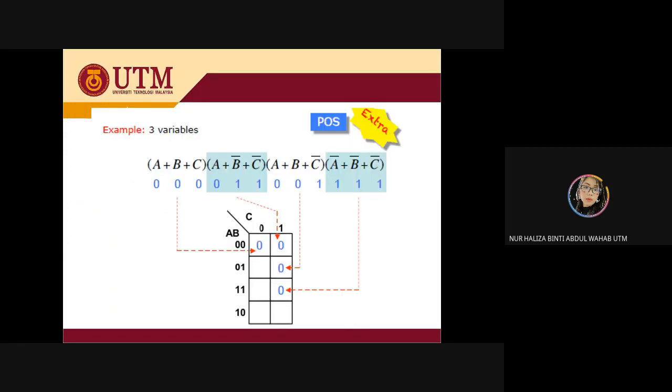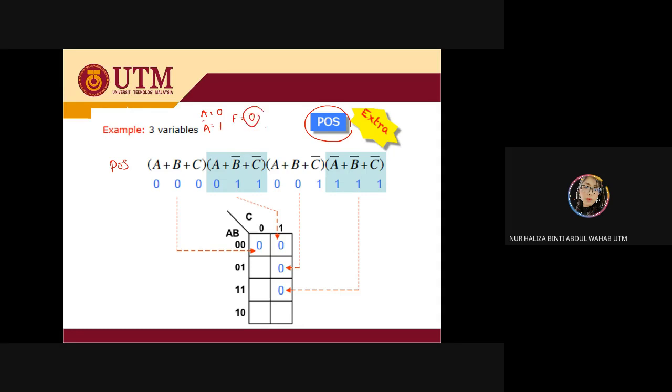It's very easy, right? If you have three variables here, it's also similar, but this one is POS. So you can see the difference. If you are given POS, you need to remember A will be 0, A bar will be 1, and your output will be 0.